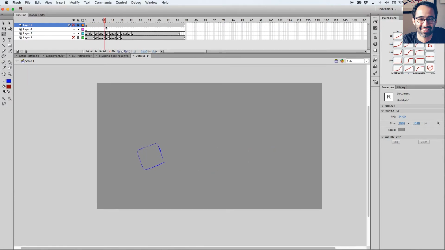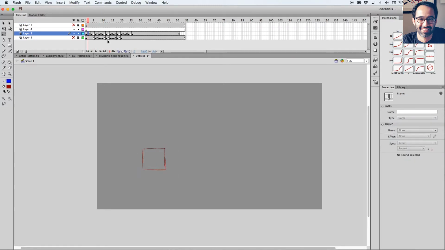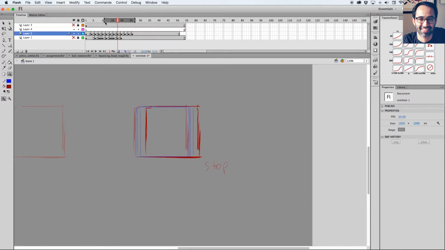So what I wanted to say for the overlap and for the antic is that you can definitely play with how you anticipate. So in this case, I could have gone to an anticipation that was just the square going back, but I decided to move the square that way and then go that way. And I can do the same with my overshoot.